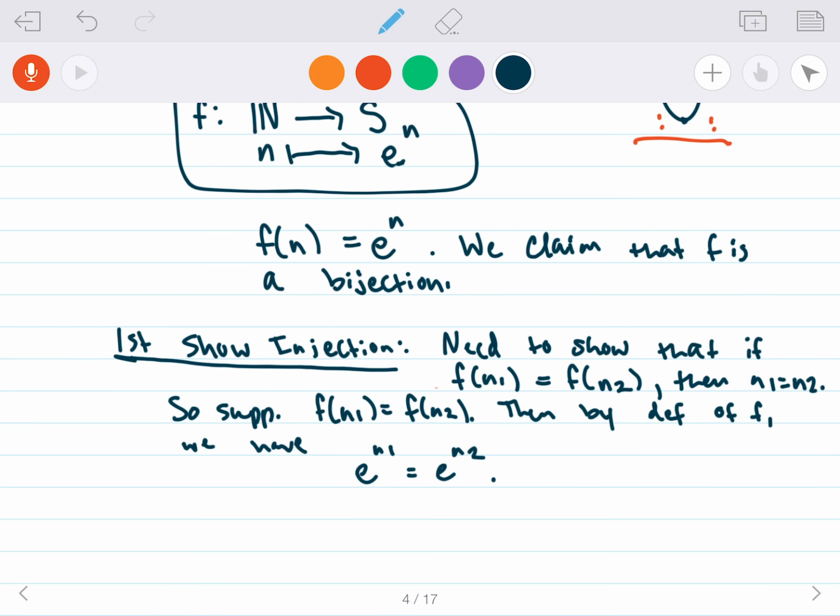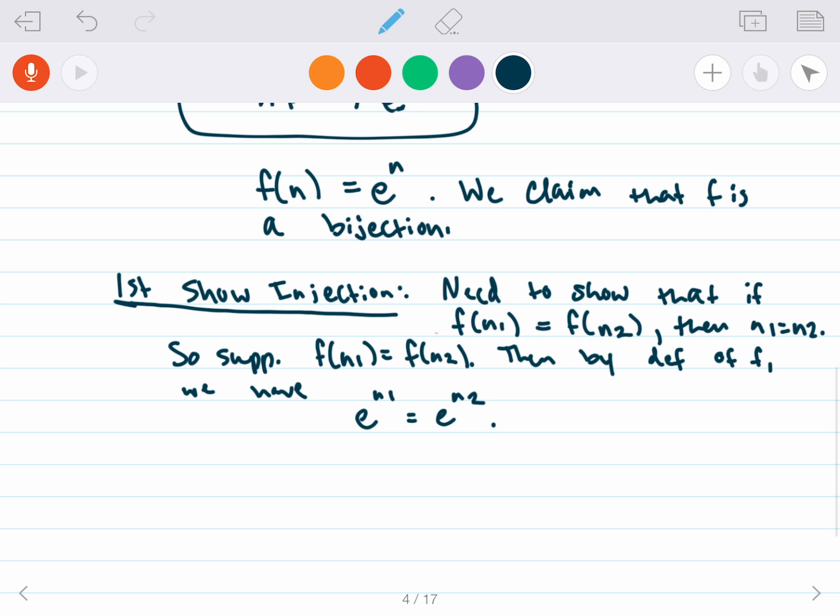We know that the natural log undoes the exponential e function, and so if I apply ln to both sides of this equation, of course, this undoes the e, and so we get n1 equals n2, and therefore f is injective.